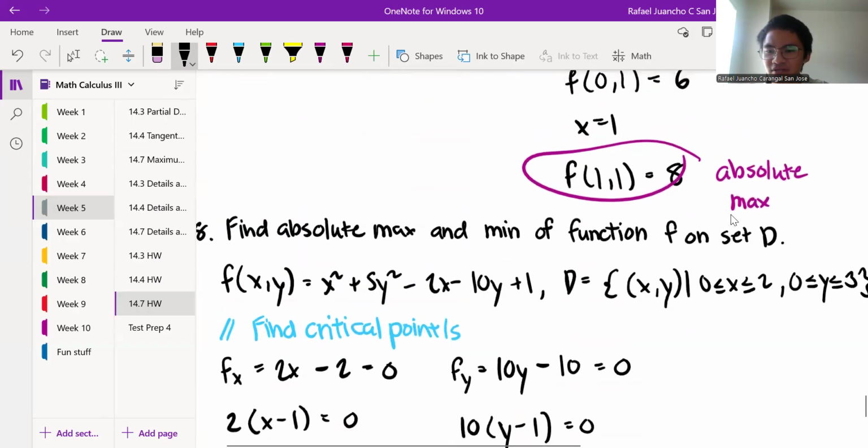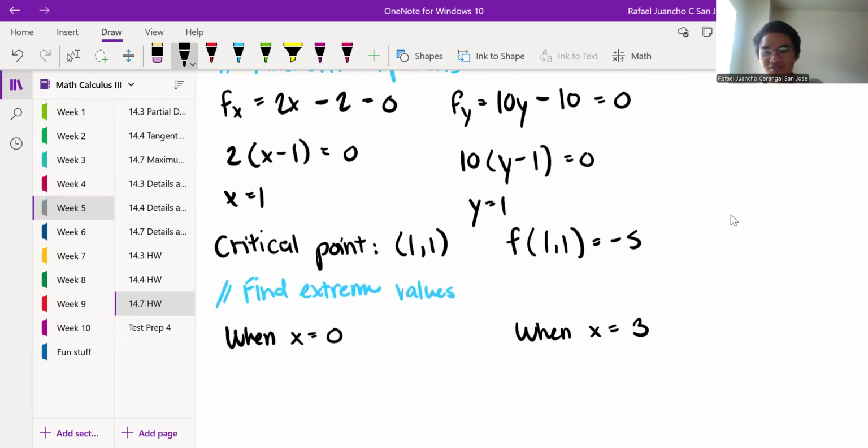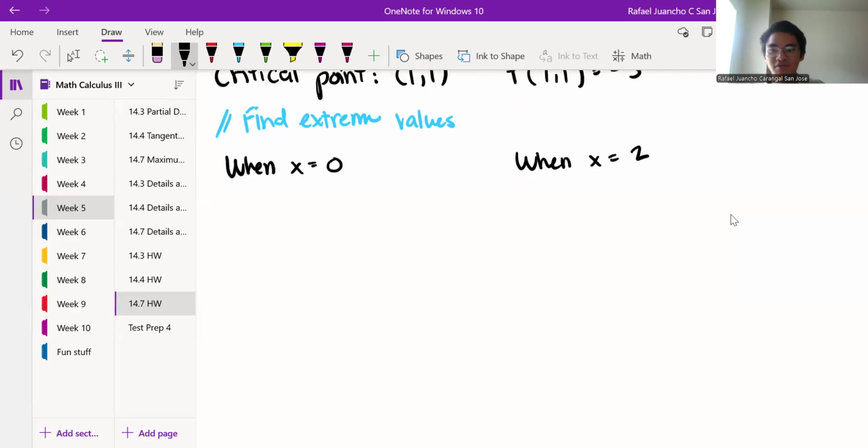Is x between 0 and 2 a critical value? It is an endpoint, but from there we have to identify these values, right?